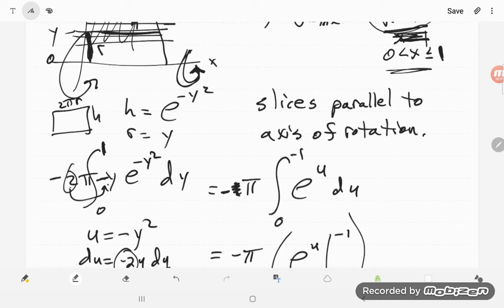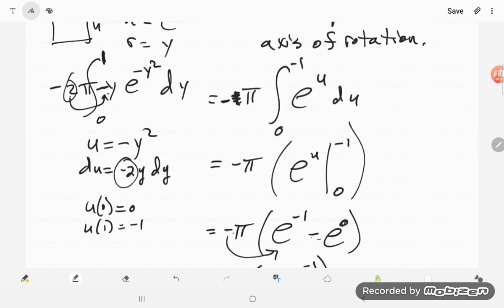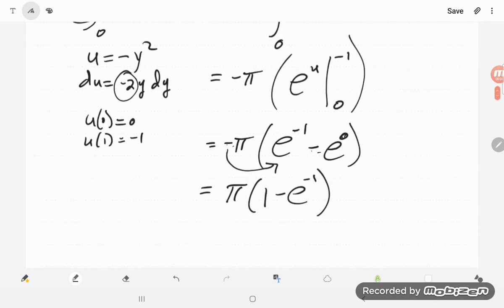I could do the antiderivative relatively straightforwardly, a little bit of substitution there. And so either method can find the volume, but one method may be preferred to the other.